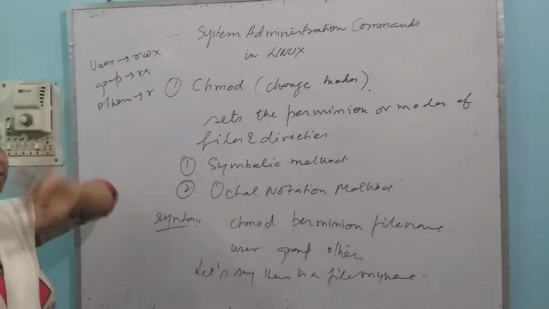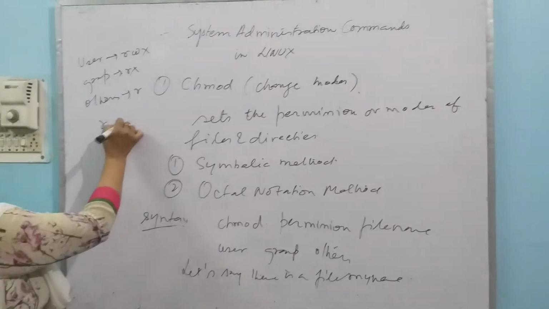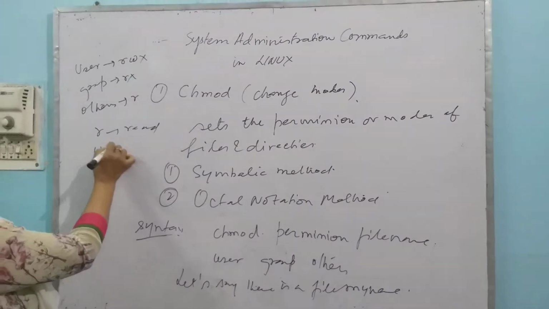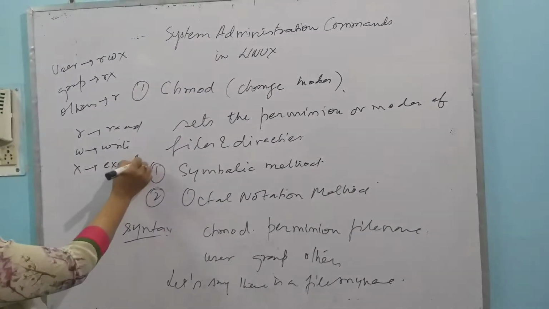This RWX, these are the notations: R for the read, W for the write permission, and X for the execute permission.